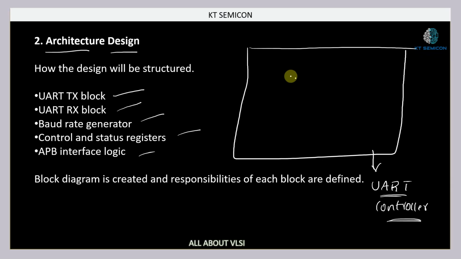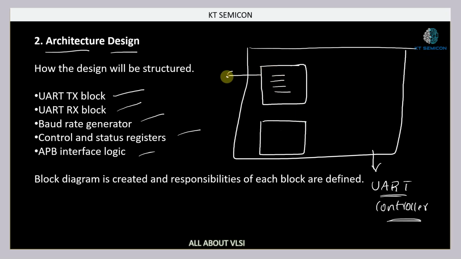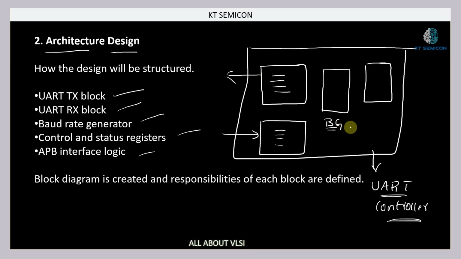So what I'm going to build is a UART TX block and a UART RX block. One module is used for transmitting the data, and the other is used for receiving the data. Another block I'm going to design is the baud rate generator, and one more block is for the control and status register, and another is the APB interface logic.